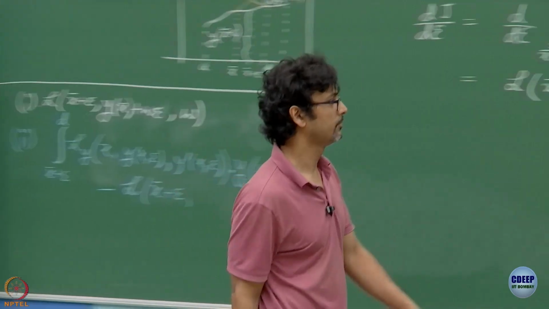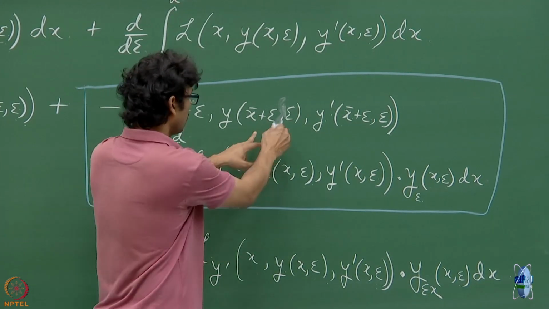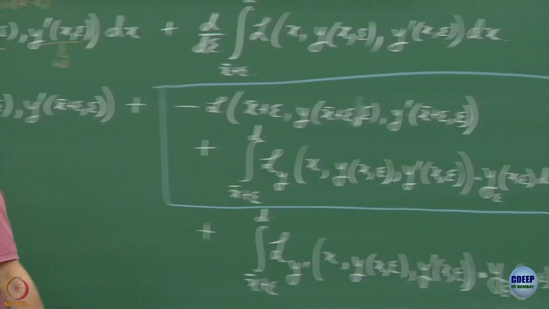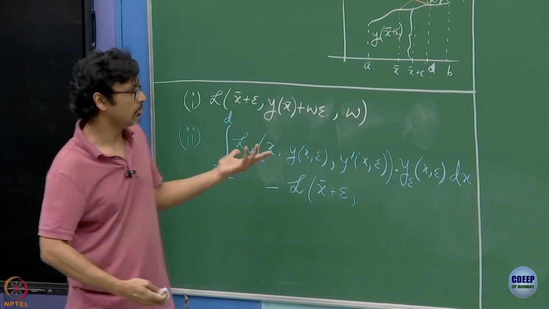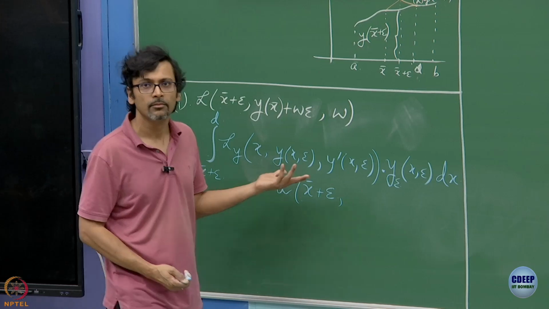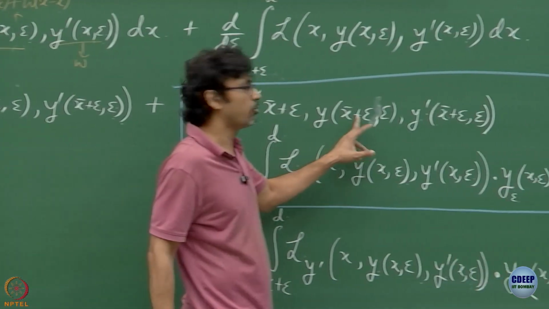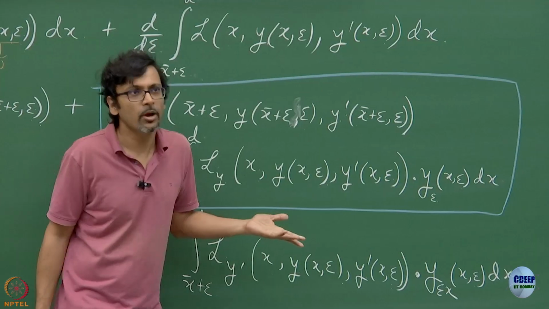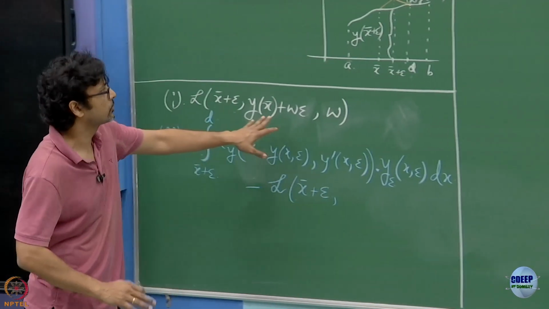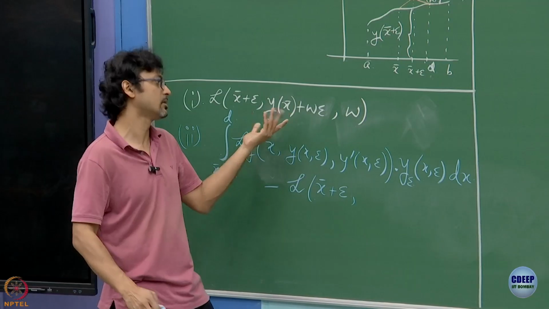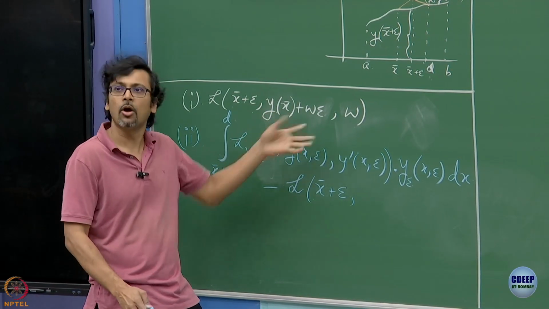Of course, you could jolly well replace this with the same thing that you have replaced this one here. Doesn't really matter. You understand this, right? You know exactly what the value is at this point, but it's not going to be of much consequence. I've written this here just as a recollection of sorts. I might have also written this as y evaluated at x bar plus epsilon comma epsilon.